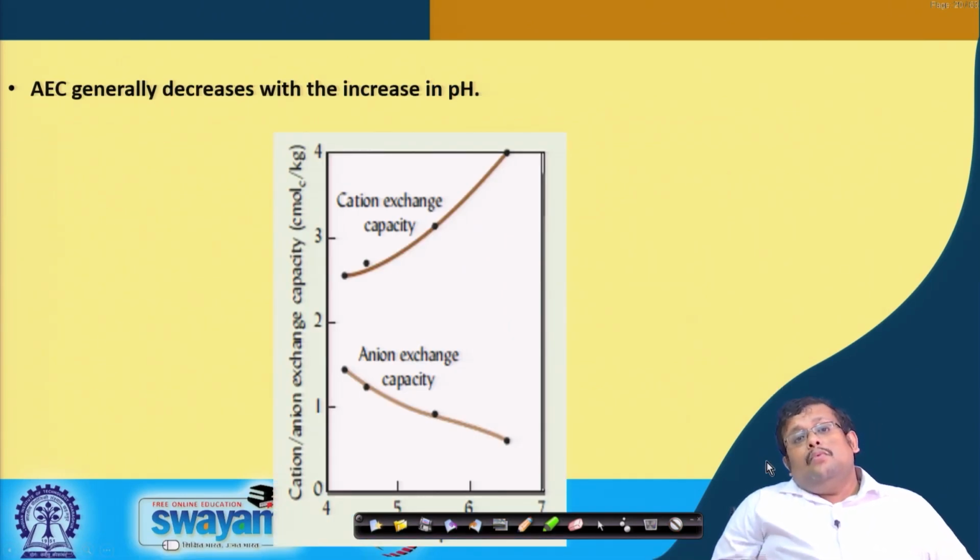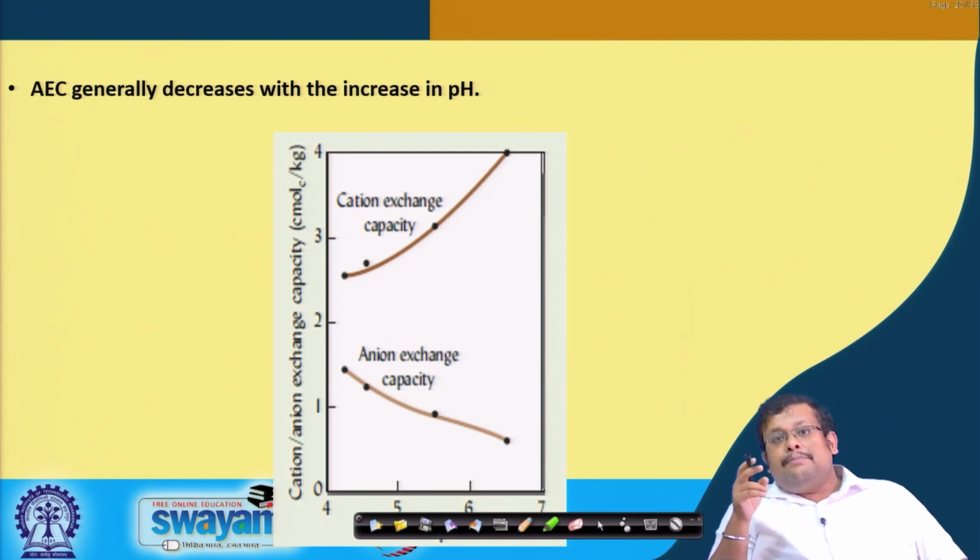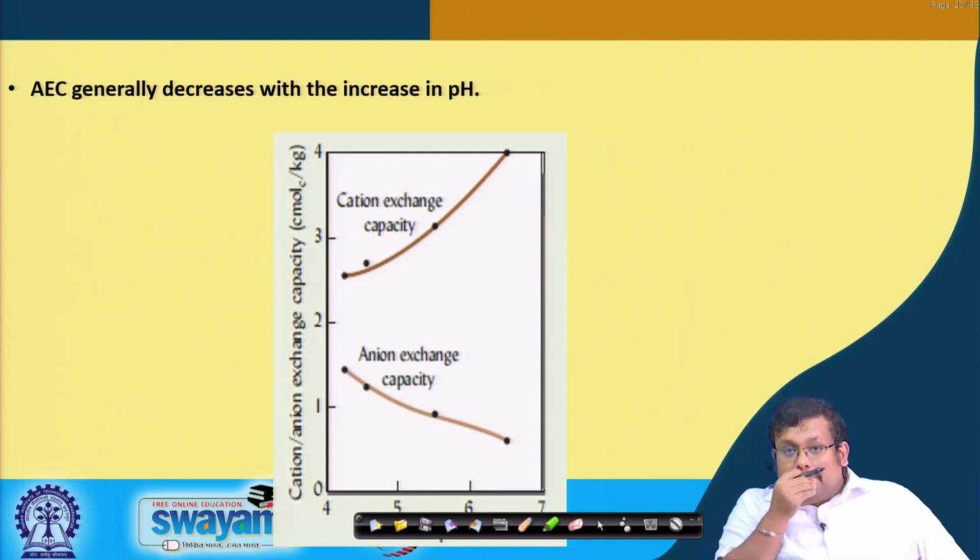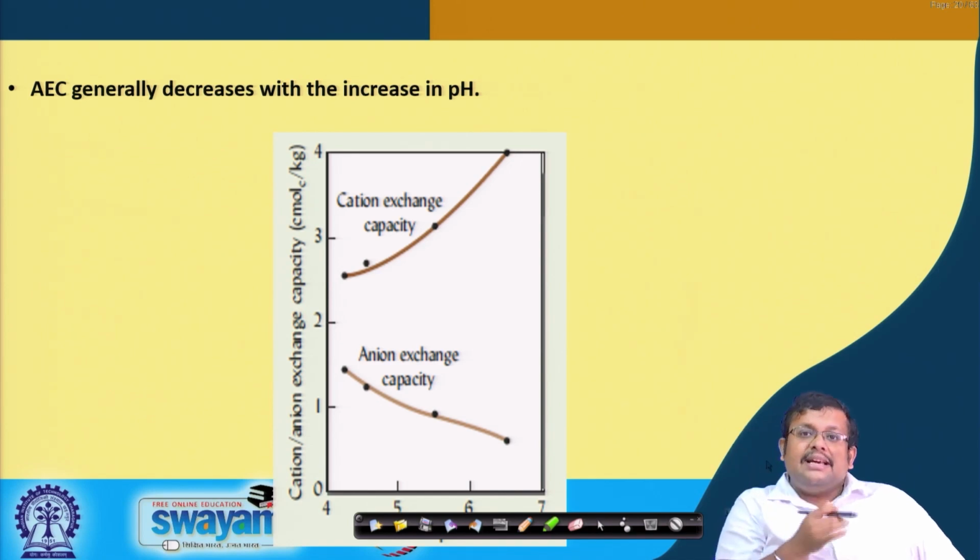So, we know that cation exchange capacity increases with the increase in pH, because when you increase the pH, the pH dependent charge produces negative charge on the clay surface. As a result, it will attract more cations onto the clay surface.